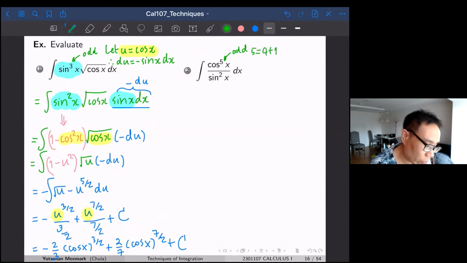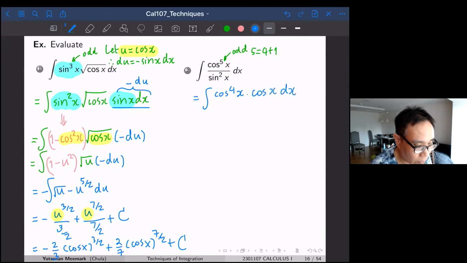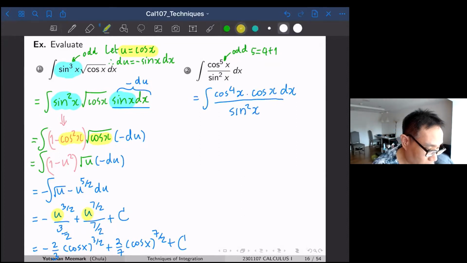So the way we're going to do this, we write it as the integral of cos to the fourth times cos x dx, and everything will be over sine square. And you see that this is equal to cos x dx.